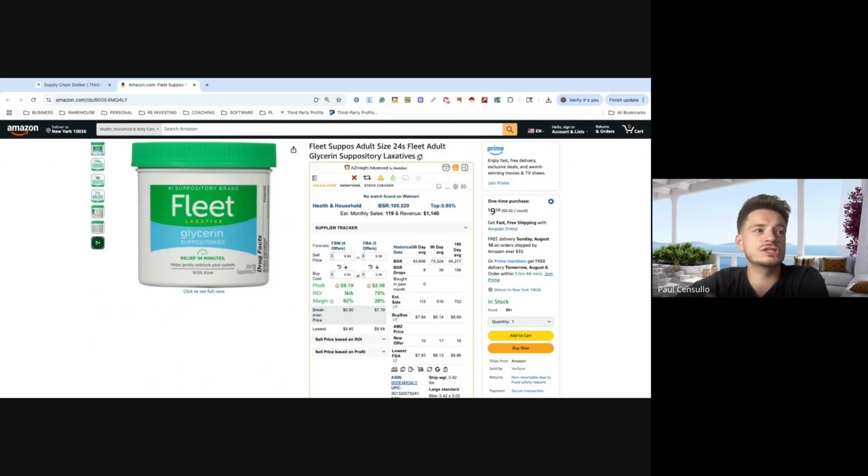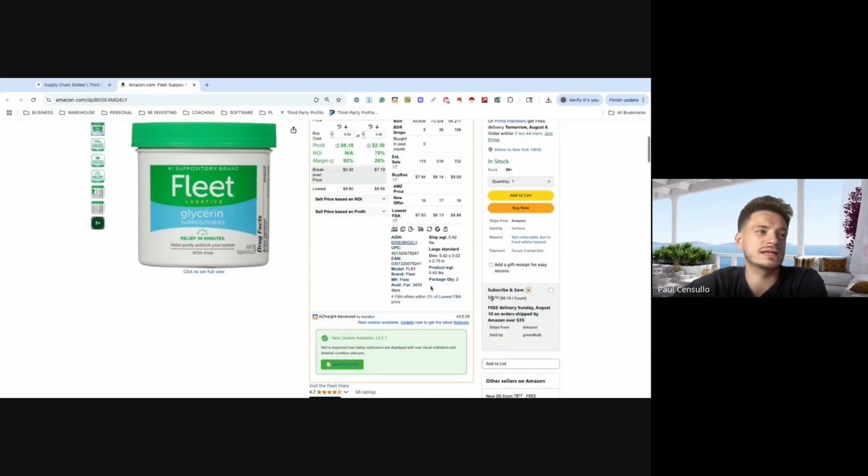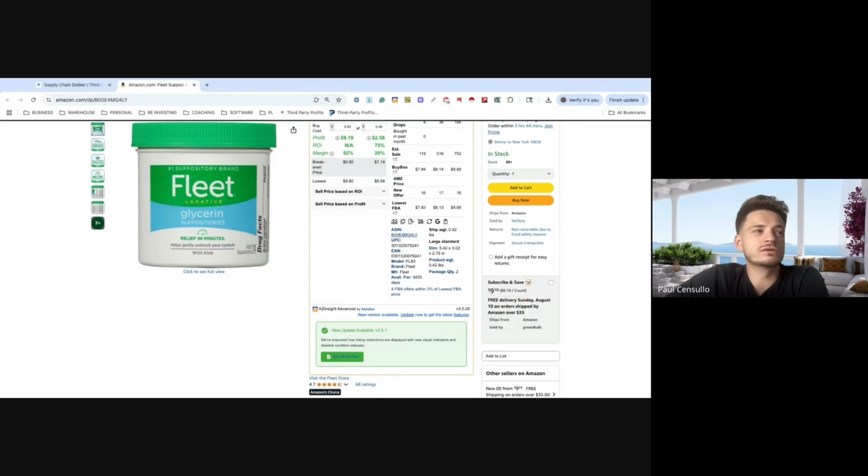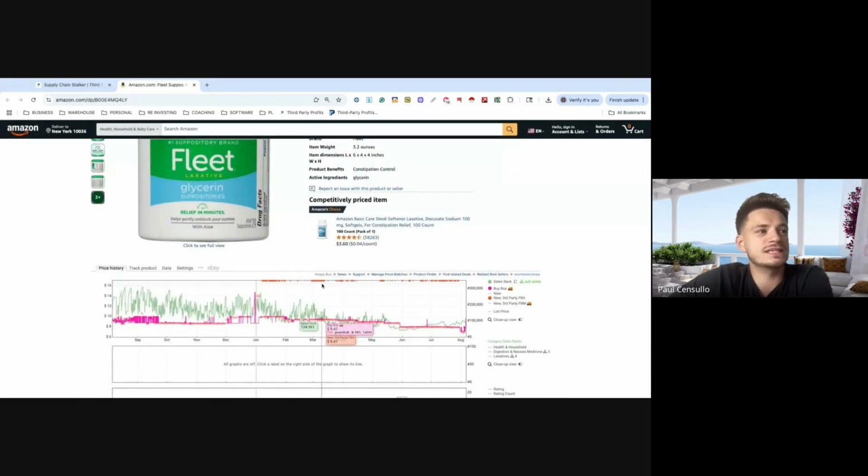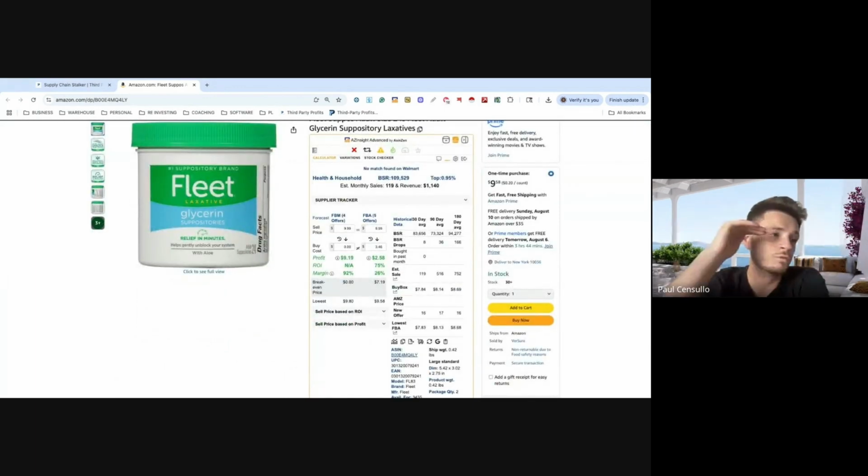Now, the issue for me with a product like this is how much are you gonna sell, right? At the ceiling of the product, meaning over the course of the past year, the highest price it sold for, the profit is $2.60 per sale. And at the lowest price, it's a dime, right? Let's just call it a dime.